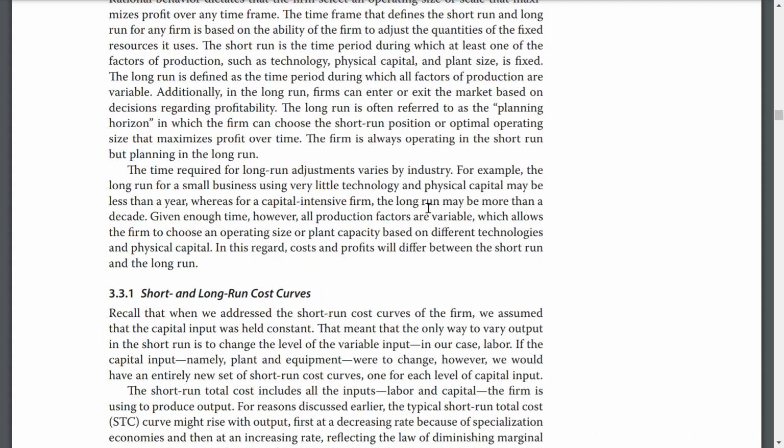The long run is often referred to as the planning horizon, in which the firm can choose the optimal operating size that maximizes profit over time. The firm is always operating in the short run but planning in the long run.